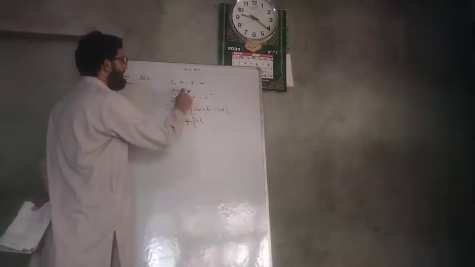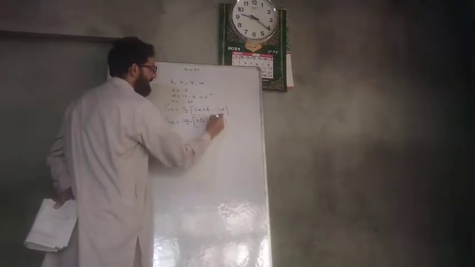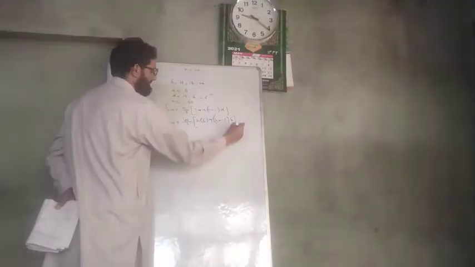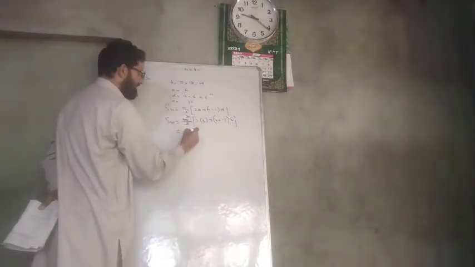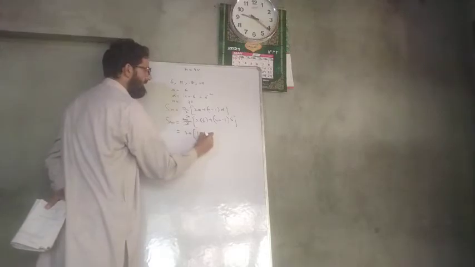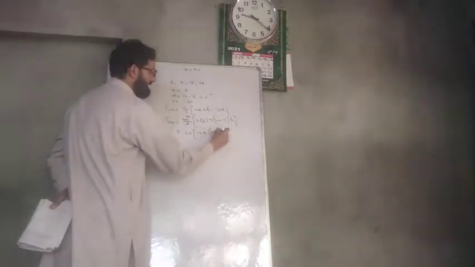What is a? a is here 6, plus n is 40 minus 1, into 6. d is again 6. So this is 20 into 2 sixes are 12 plus 39 into 6. 40 minus 1 is 39.